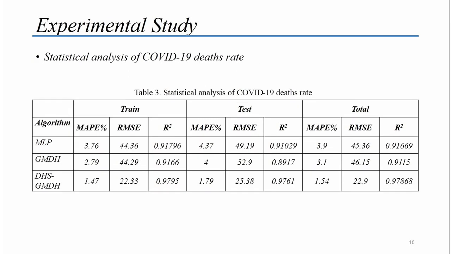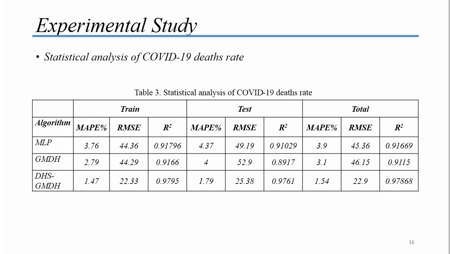Statistical analysis of COVID-19 death rate. Table 3 represents the statistical results for the experimental study on the death rate of COVID-19 disease in Iran. Obviously, the proposed DMHS-GMDH algorithm provides better performance than the MLP and original GMDH models.